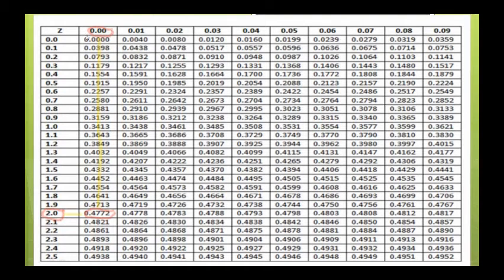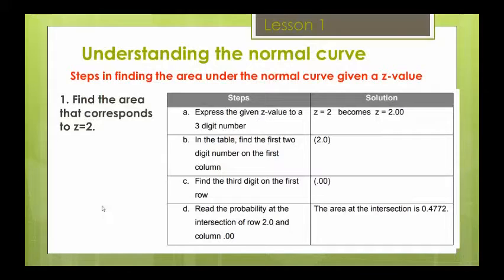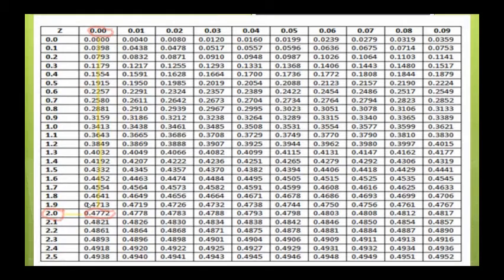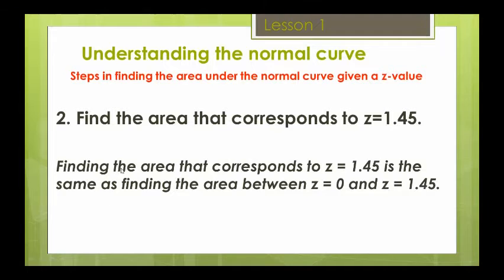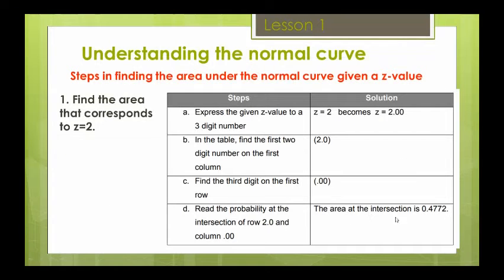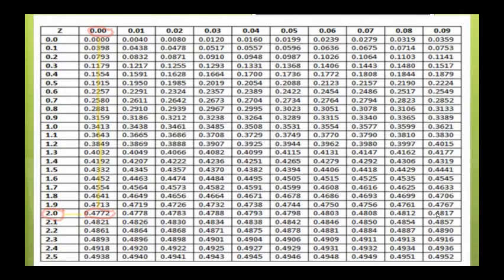Okay, so first row, third digit. Nandito ba? Okay, so that is 2.00. And read the probability at the intersection of row 2.0 and column 00. The intersection is 0.4772. So ganito lang po kadali maghanap ng value under the normal curve. The area at the intersection is 0.4772.